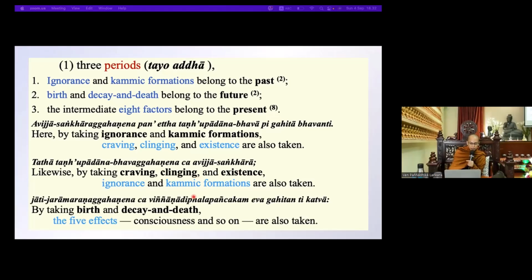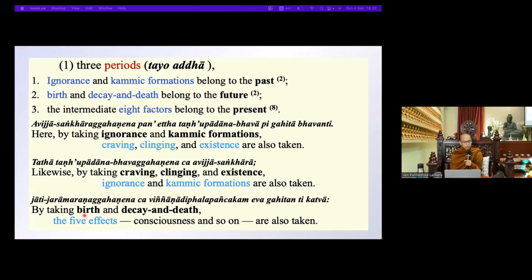Then, if we count the future fetters of birth, decay, and death, they are not separate from the consciousness, etc. The consciousness, the mind movement of rebirth, when it arises, is called the birth.